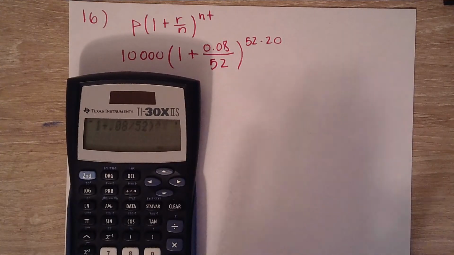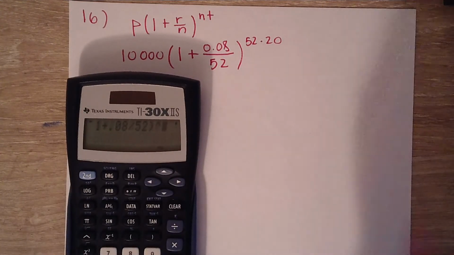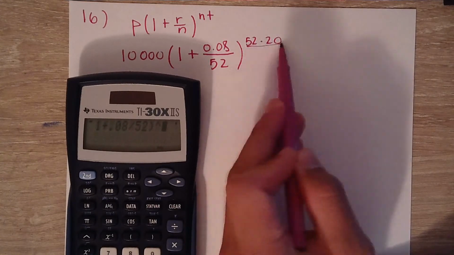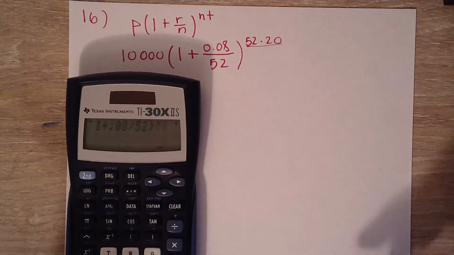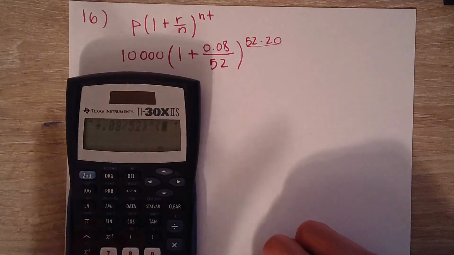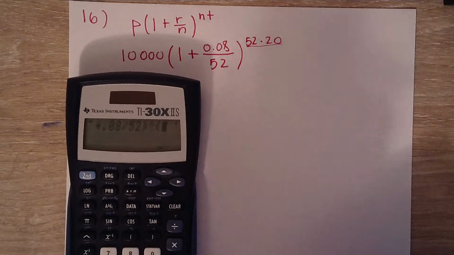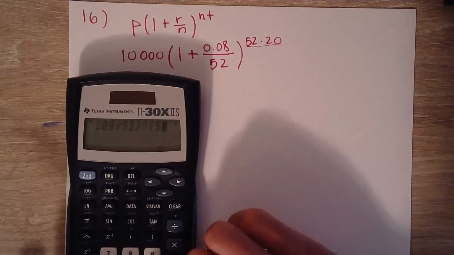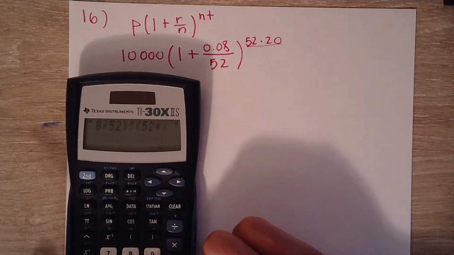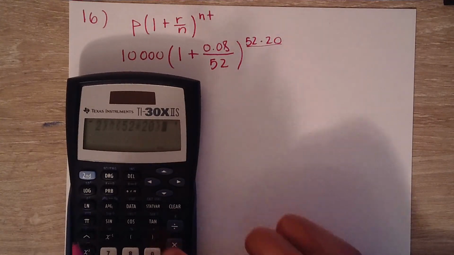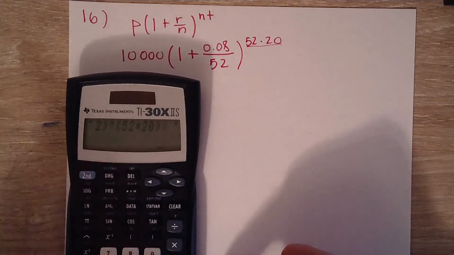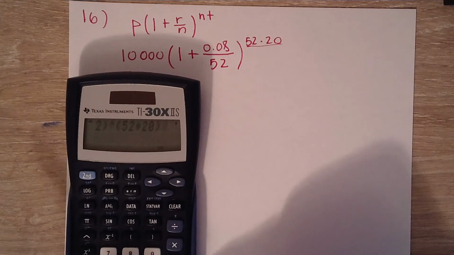Whenever you do that exponent, you can multiply this out first. Actually, I would suggest you multiply this out first. But if you want to just enter it into your calculator, the reason I said to multiply it out first is so that you don't make this mistake that I'm about to show you. 52 times 20. Some of you might forget to put the parentheses around this, and that'll cause your calculator to give you a wrong answer.